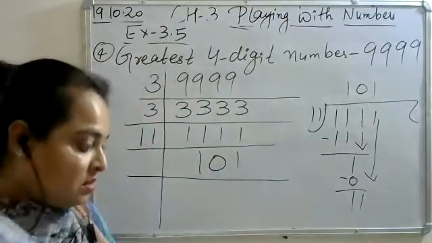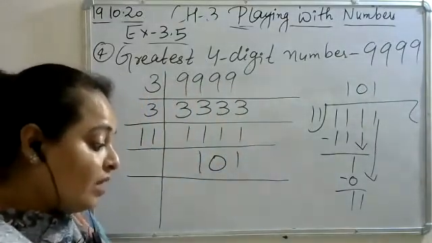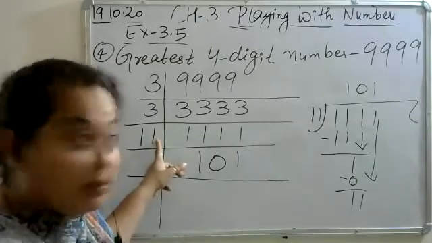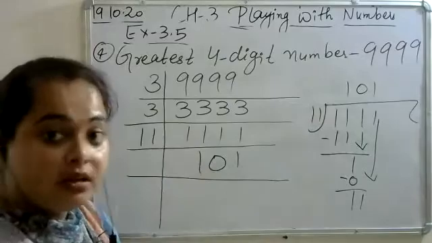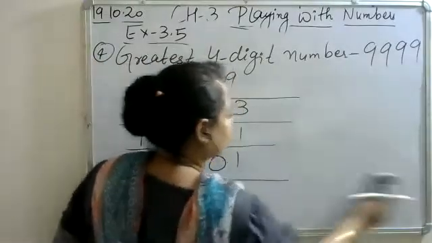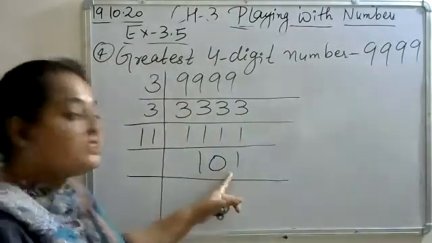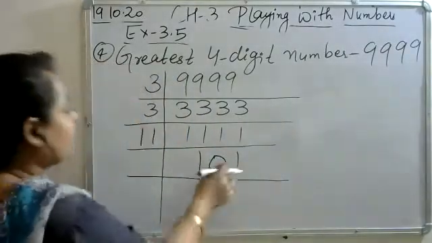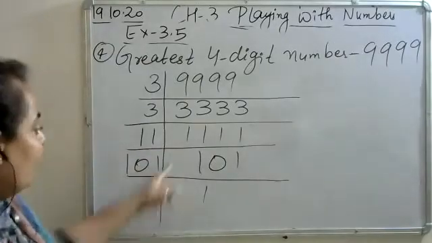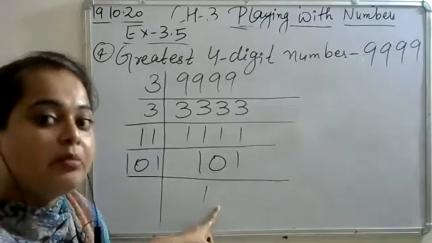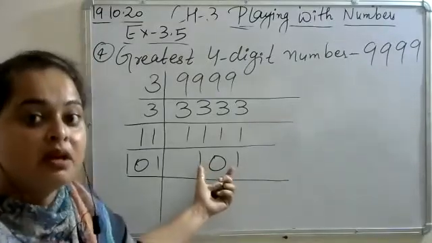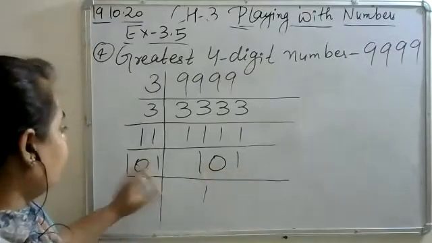Why are you writing no, ma'am? 11 is a prime number and this is divisible by 11. Now next, 101 is itself a prime number. That's it. Further division by any prime number is not possible because 101 is itself a prime number.